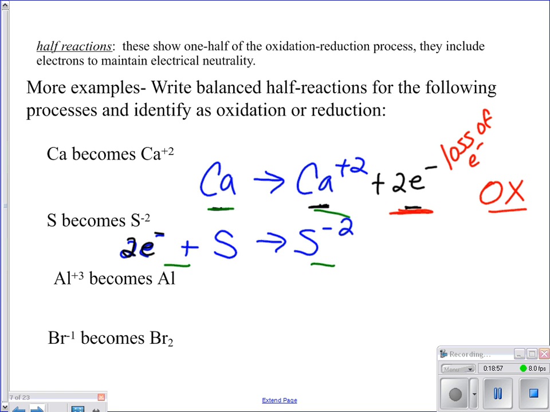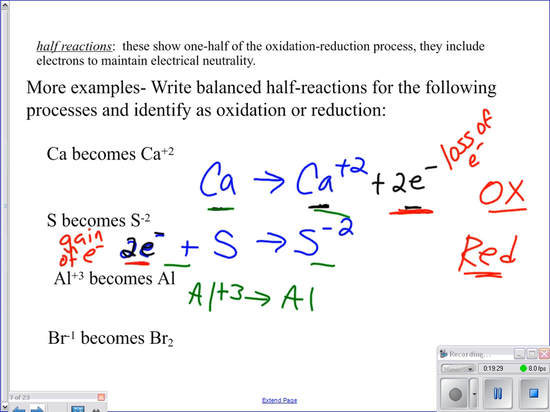If I look at my sulfur half reaction, I see that this is a gain of electrons, also known as reduction. So by seeing your half reaction, it really clearly spells it out for you as to whether you're gaining or losing electrons, so whether it's reduction or oxidation. Okay, next couple. Here we have aluminum plus 3 goes to aluminum.